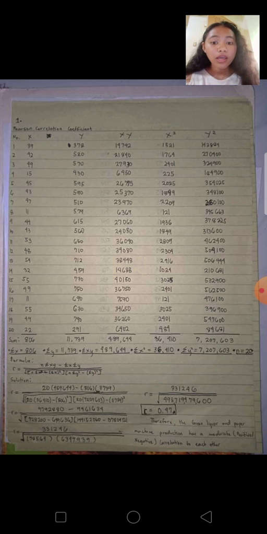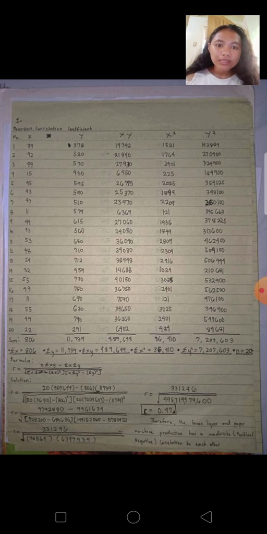Then next we should proceed in finding the y squared, which is the same process as finding the x squared, which is we should multiply the variables by itself. So first item is 378 times 378 is equal to 142,884.